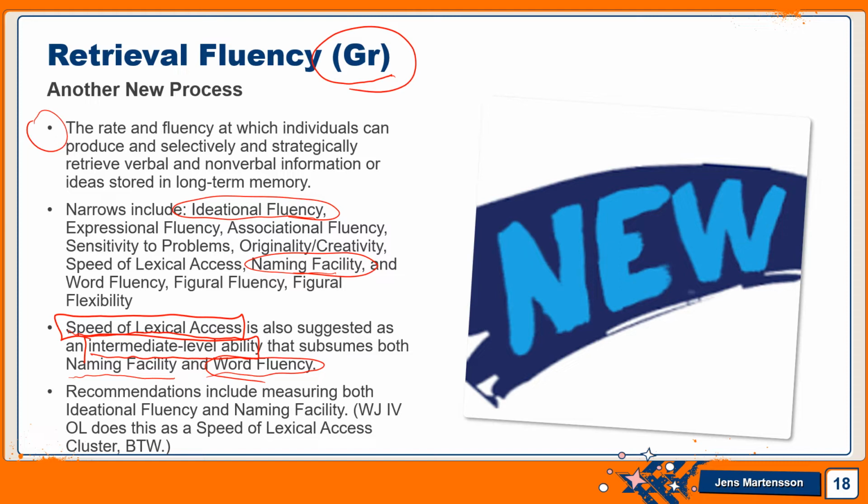But anyway, we'll talk about that in a second. So the recommendations are to test ideational fluency and naming facility, which with all this dyslexia stuff has become really important. Naming facility, which is also called rapid automatic naming, is in the dyslexia handbook for Texas.